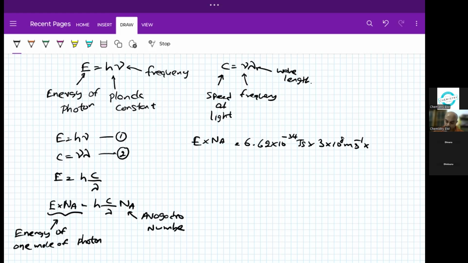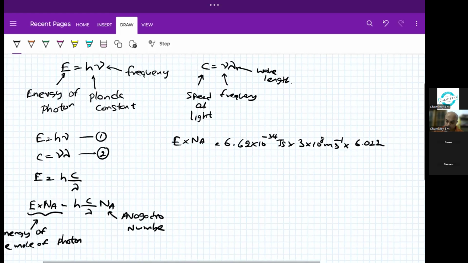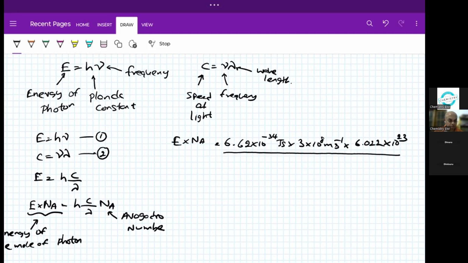Then Na is 6.022 into 10 to the power 23, times one divided by lambda. The lambda value is 305 nanometers, so in SI units it is 305 into 10 to the power minus 9 meters. So you can do this math and get the final answer.